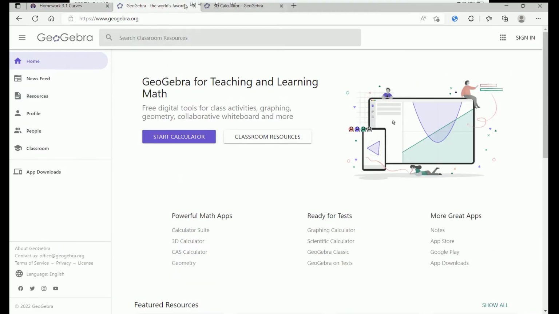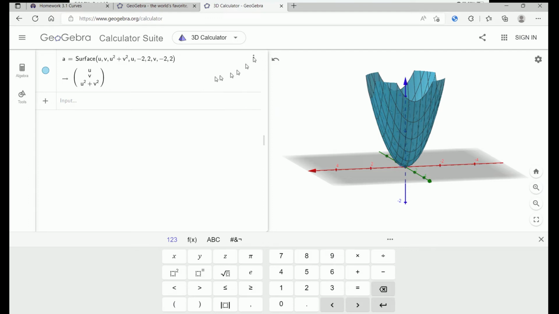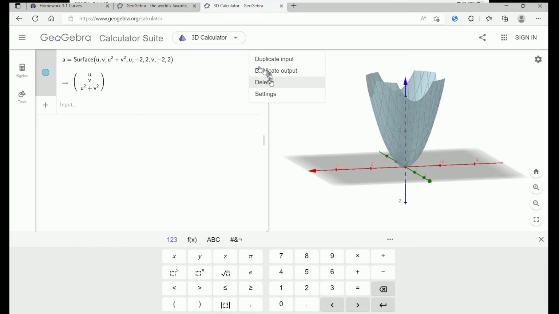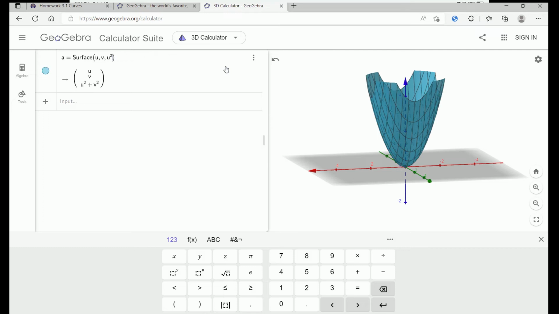So if we come here, GeoGebra, 3D calculator, it like crashed or something? No, it's working. Okay. So like if I wanted to plot the cylinder, I could. Or it's not a cylinder. We're trying to plot a curve. And how do curves work? We give the equations.